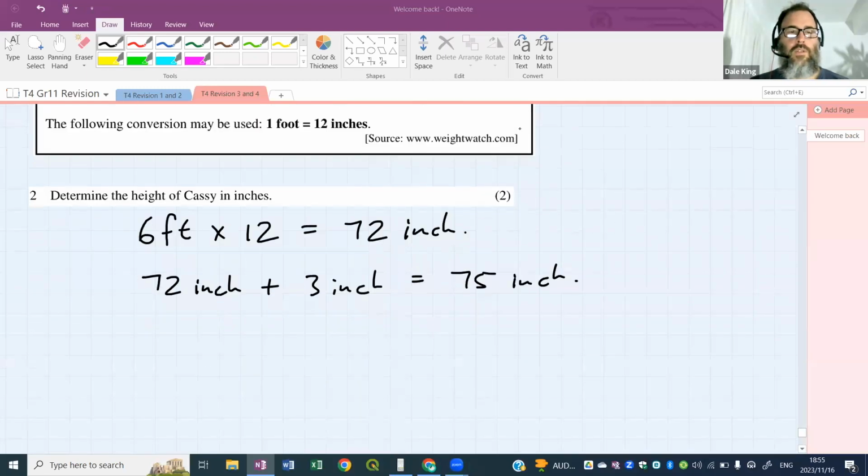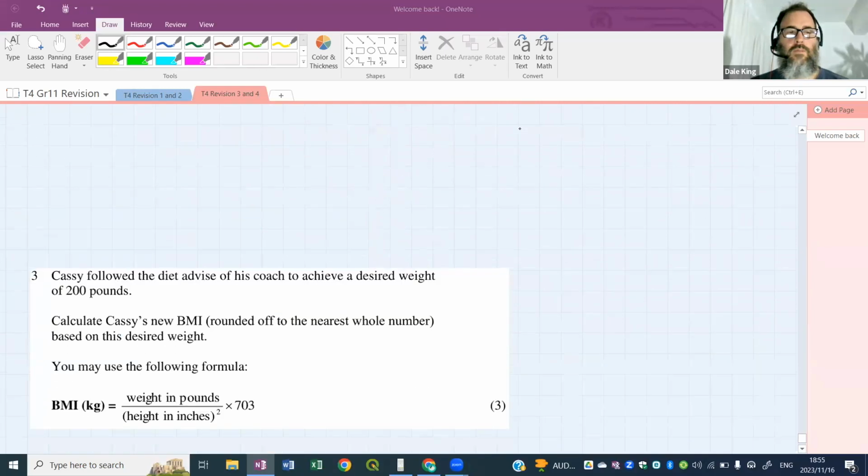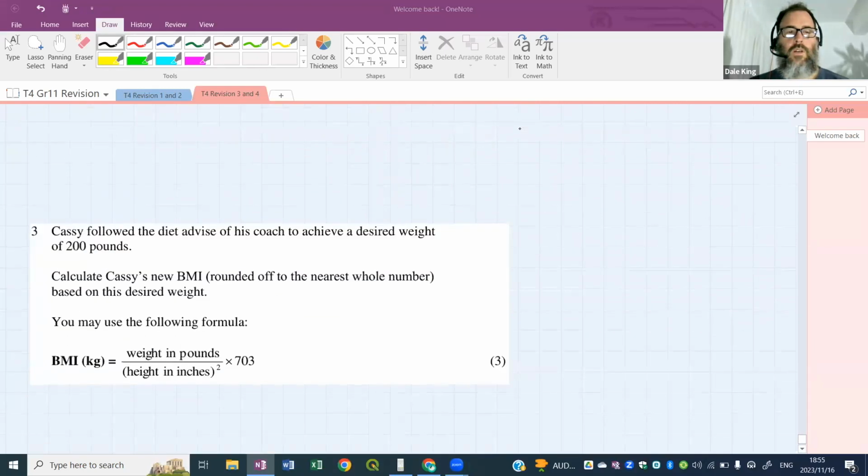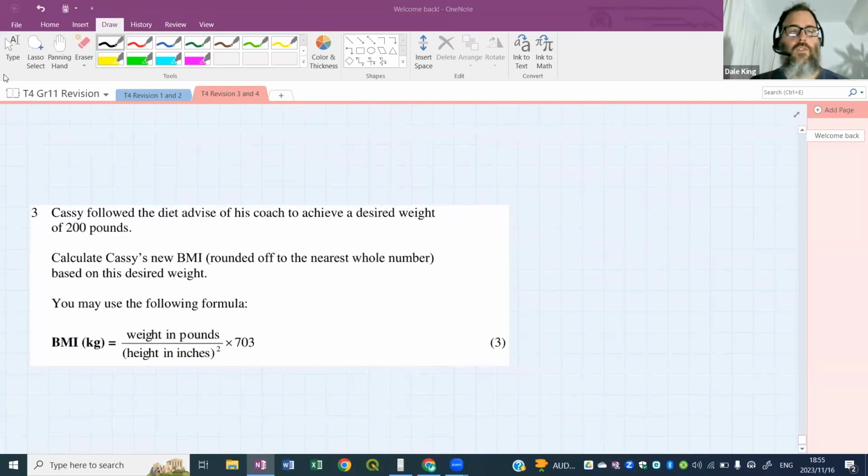Let's see what the last question is. All right, so this is a formula. Often they give you a formula for BMI and they ask you to work it out. You just plug it into the formula. It says Cassie followed the diet advice of his coach to achieve a desired weight of 200 pounds. Calculate Cassie's new BMI, because we need pounds at the top and we need inches at the bottom.